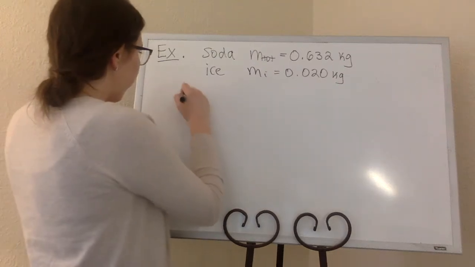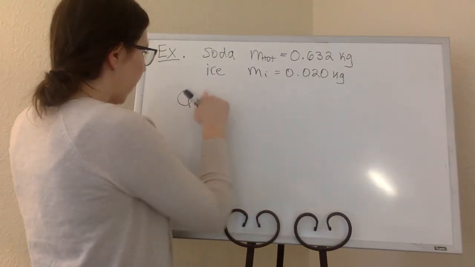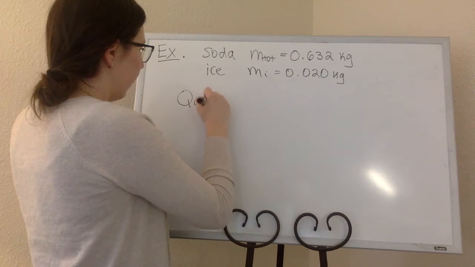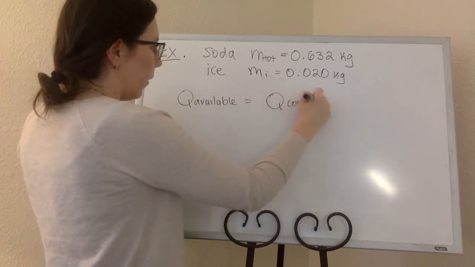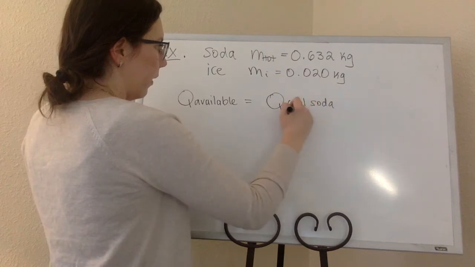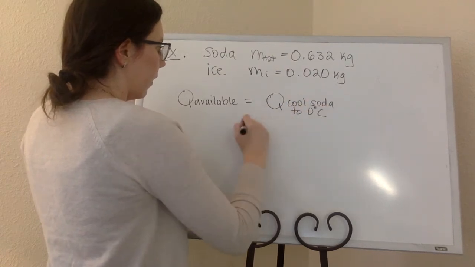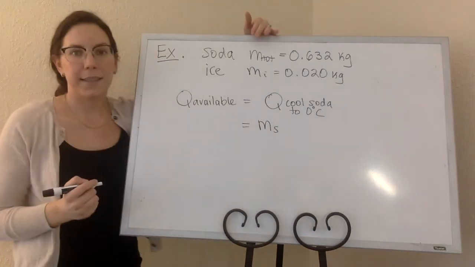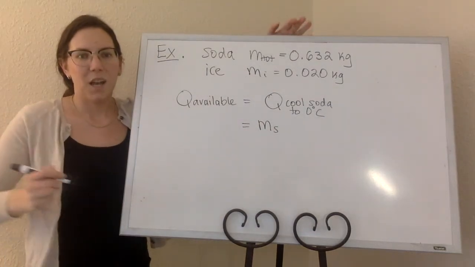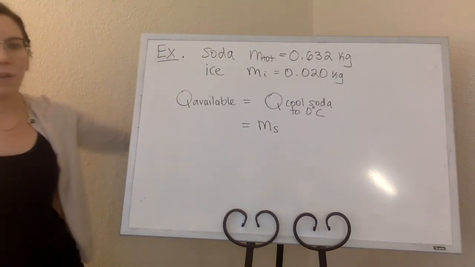So our Q available by cooling the soda would be Q to cool the soda to 0 degrees. So that's the mass of the soda. By the way, the mass of the soda now is 0.632 kilograms because we've added in that melted ice from the last question.